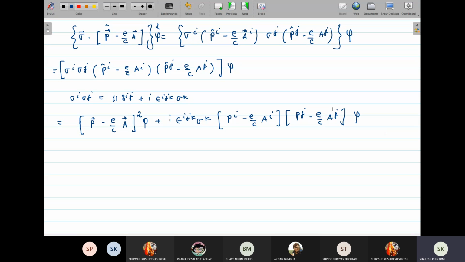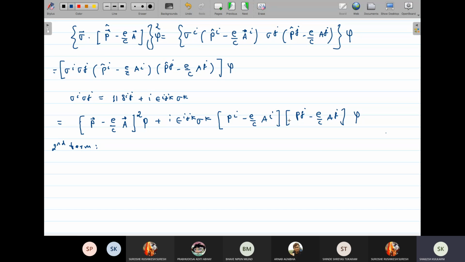Now if I expand this second term, what am I going to get? The term containing epsilon_ijk will first multiply p_i, then p_j, and they will act on phi.